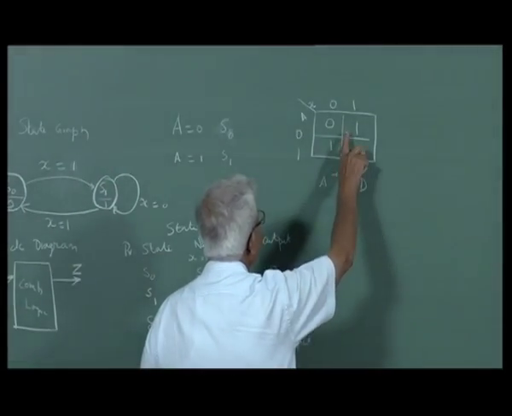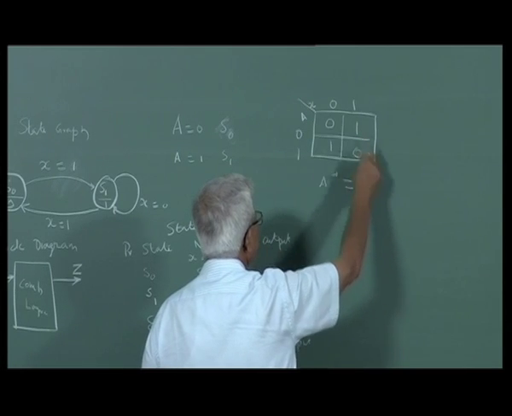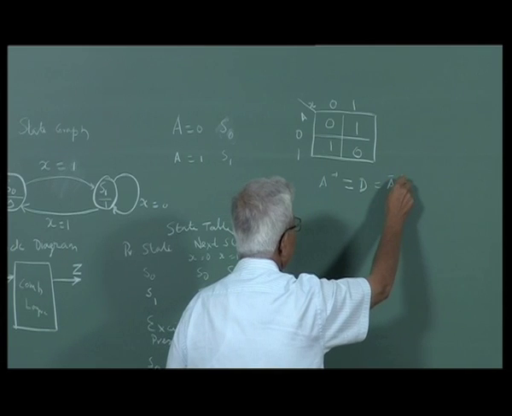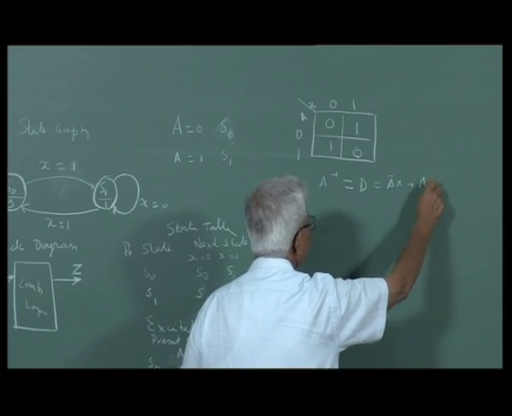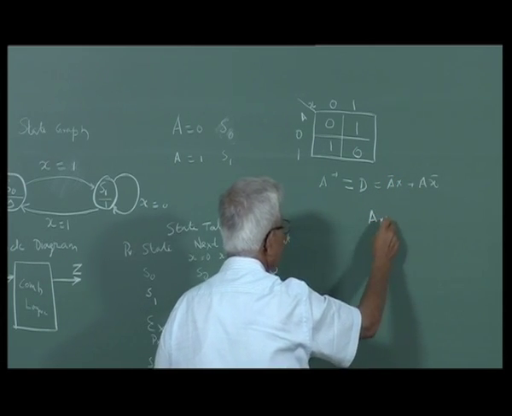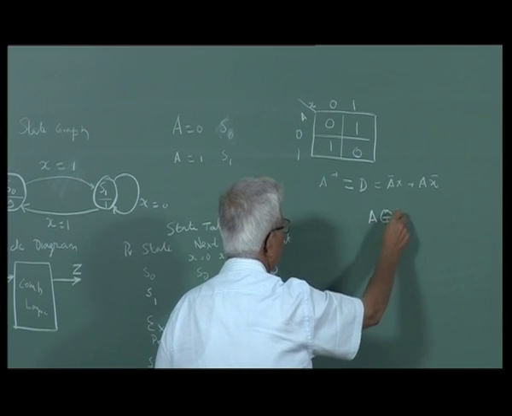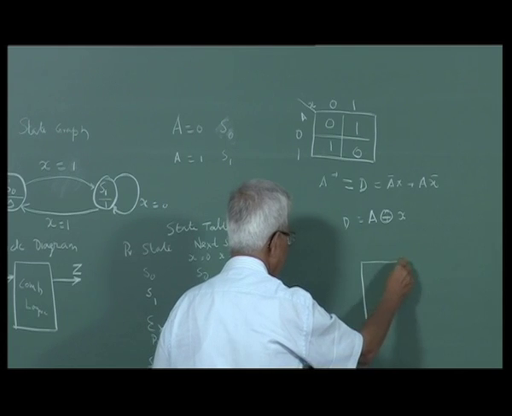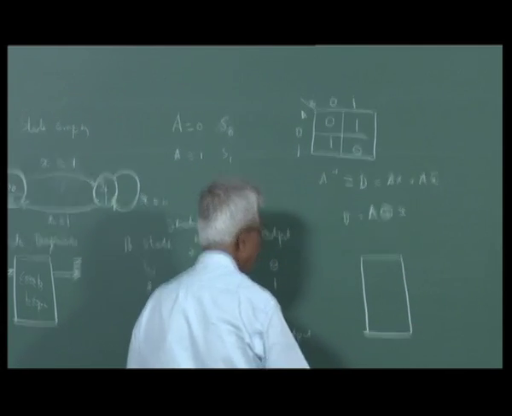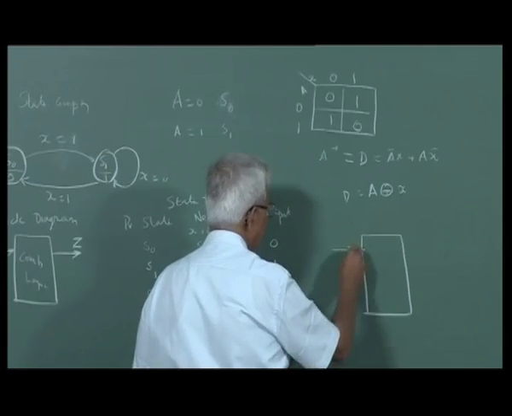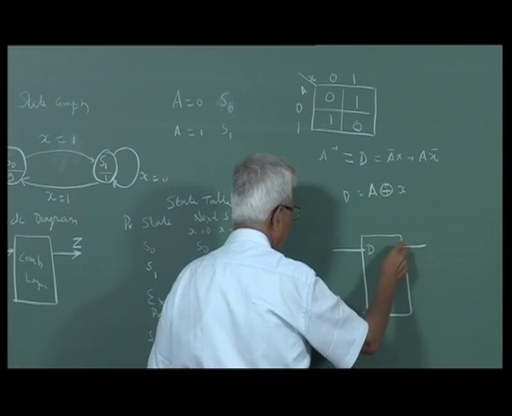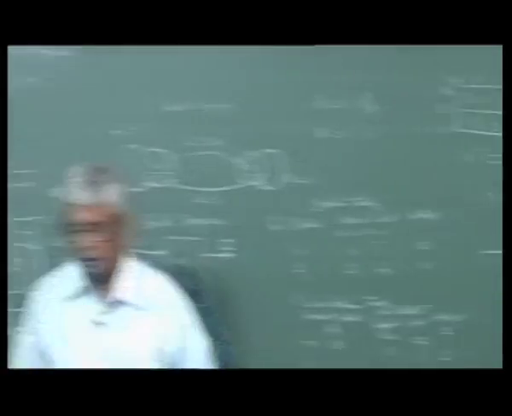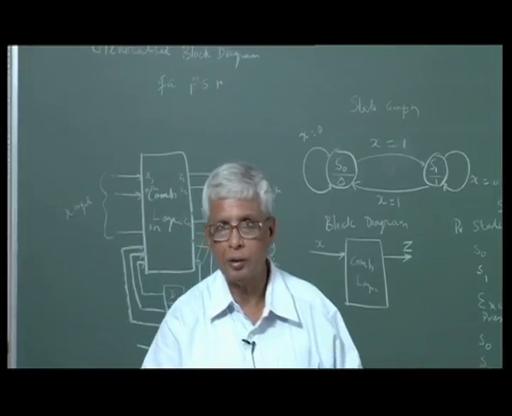Now, this is what? A bar x plus A x bar is nothing but A exclusive OR x. So, if I have this circuit, D, Q, there is only one flip flop required, only 2 values, state variable A is only one variable, it can only take 2 values.